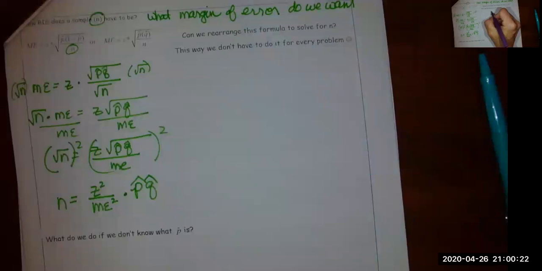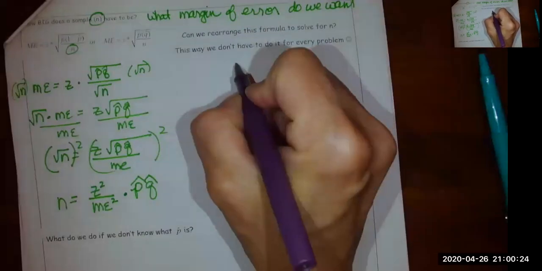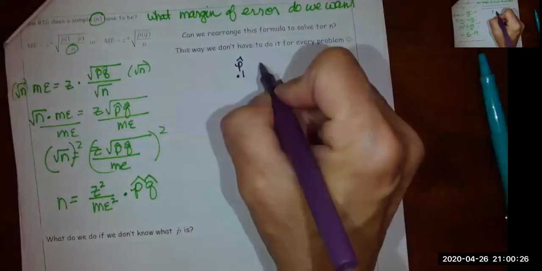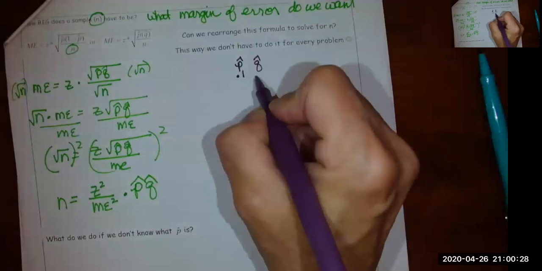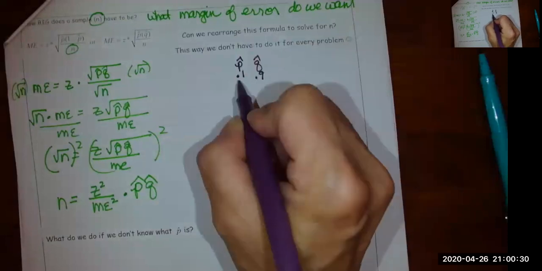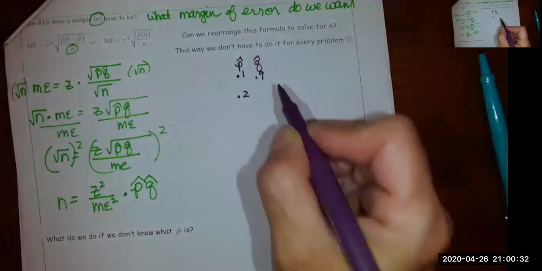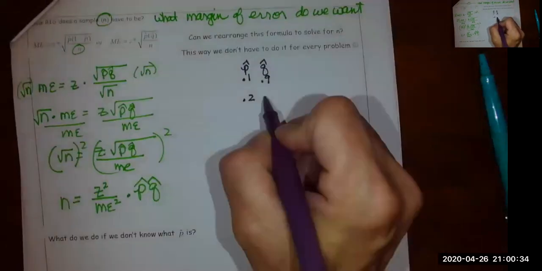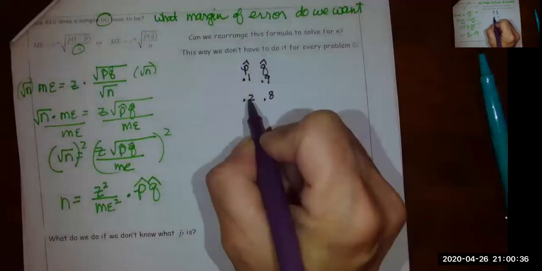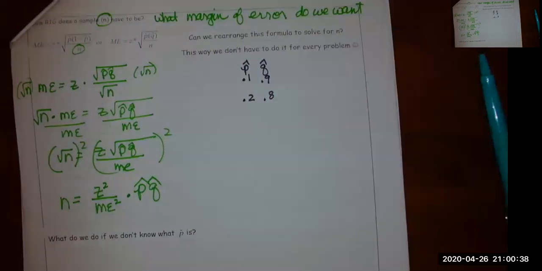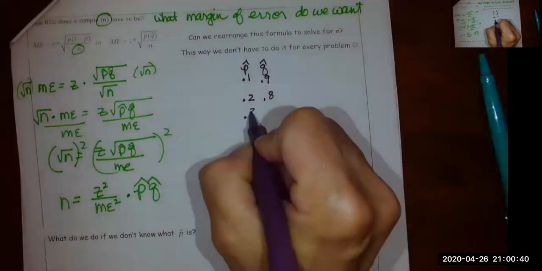So if P hat were 0.1, what would Q hat be? It'd be 0.9. If P hat were 0.2, then Q hat would be 0.8. Remember, these two add up to 1. So I want to run down, let's try all the P hats.